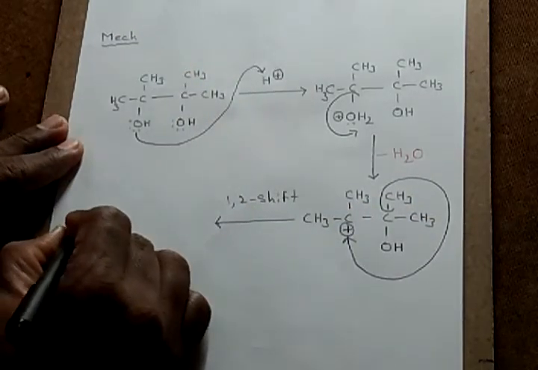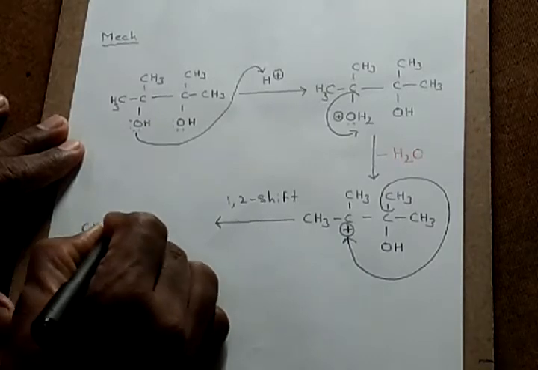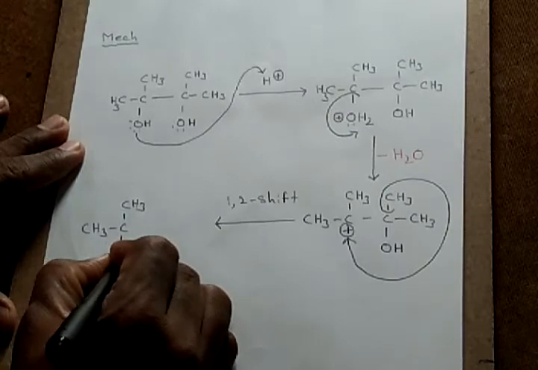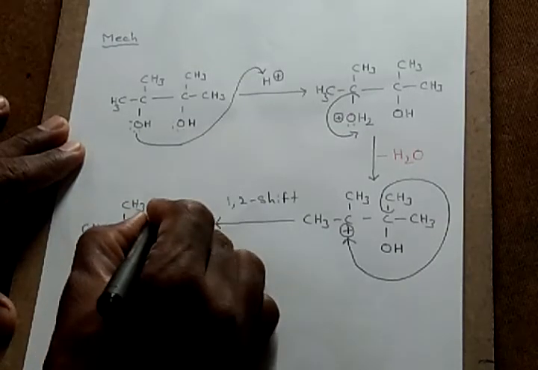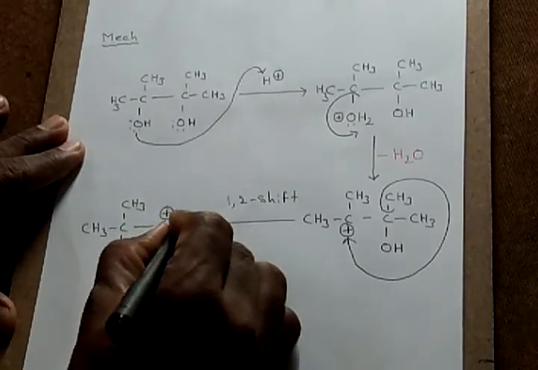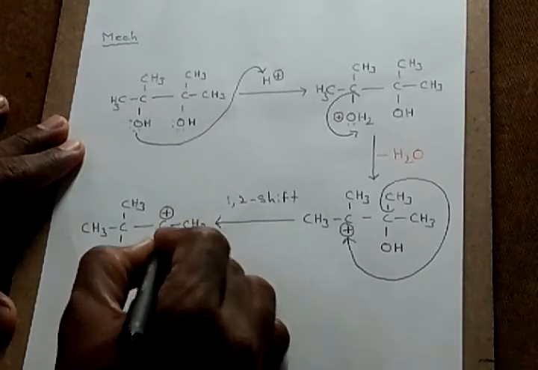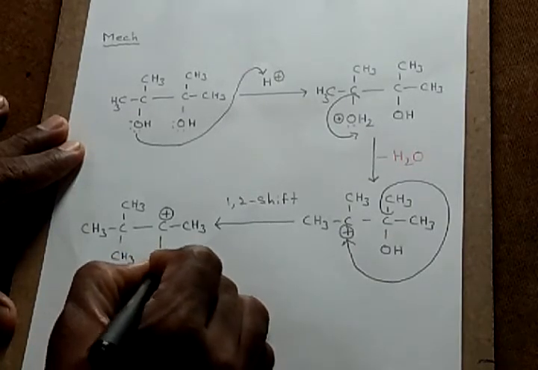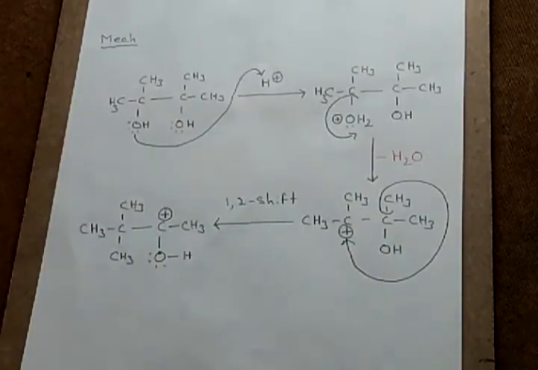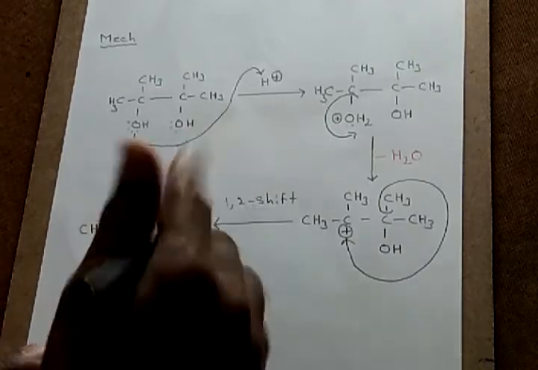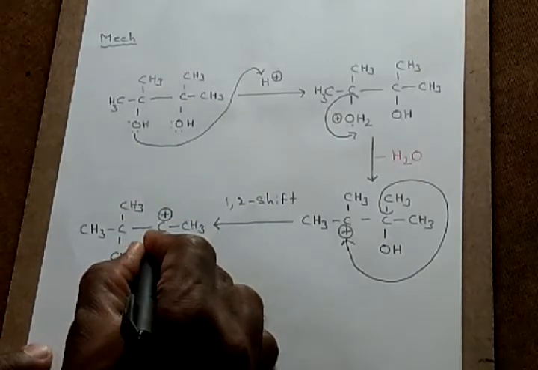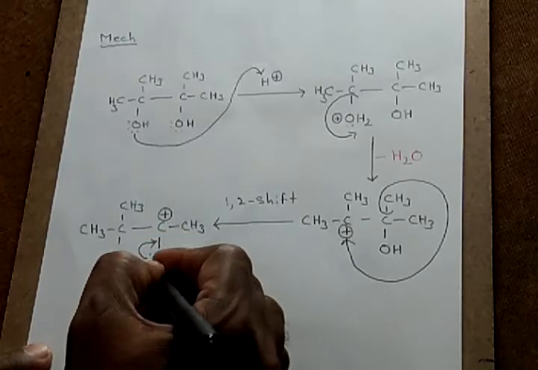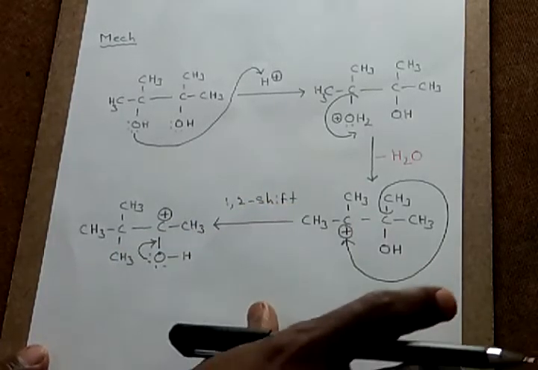So the formed molecule is like this, CH3, C, CH3, CH3. Now this carbon has the positive charge, and this OH group I am writing elaborately, oxygen with two lone pairs of electrons. In order to neutralize this positive charge, oxygen forms a dative bond, so that a double bond is formed between the carbon and this oxygen, and as usual oxygen gets the positive charge.